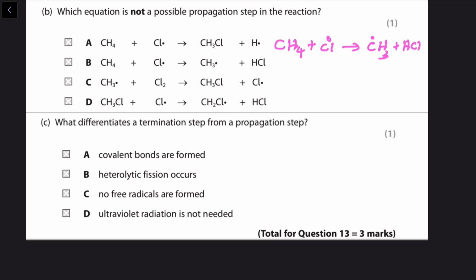Then this CH3 radical reacts with a chlorine molecule to form CH3Cl and a chlorine radical. Keep in mind, the hydrogen radical is not produced in this reaction. Therefore, the correct answer is option A. Hydrogen radical is produced.